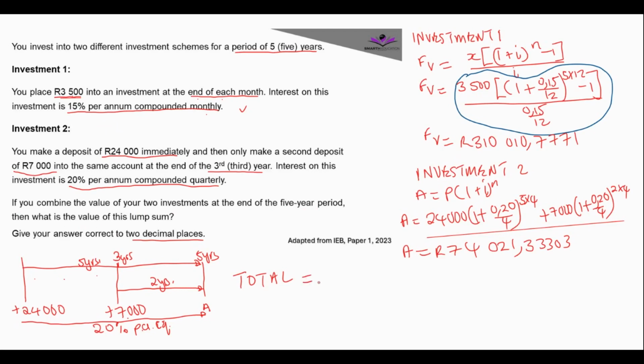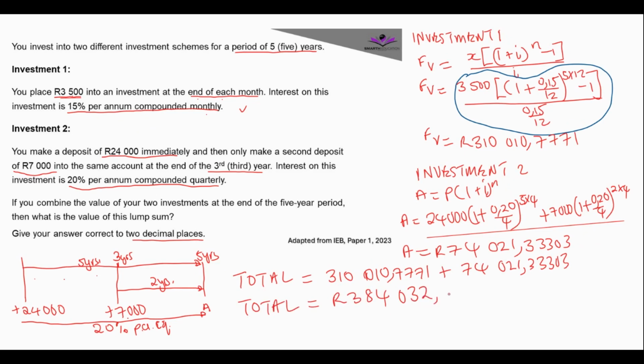Then we find the total, which is 310,010.7771 plus 74,021.33303. Then add this, what do you get?